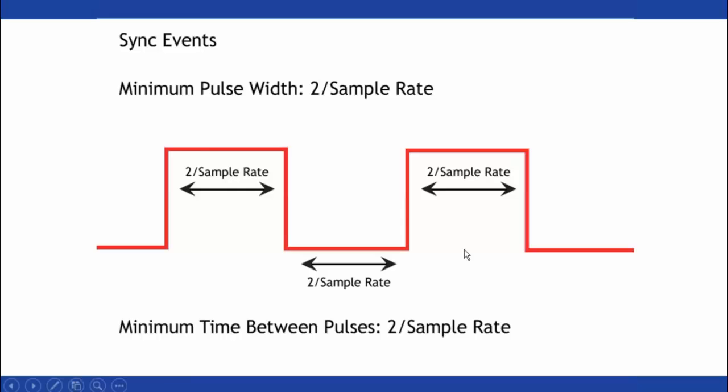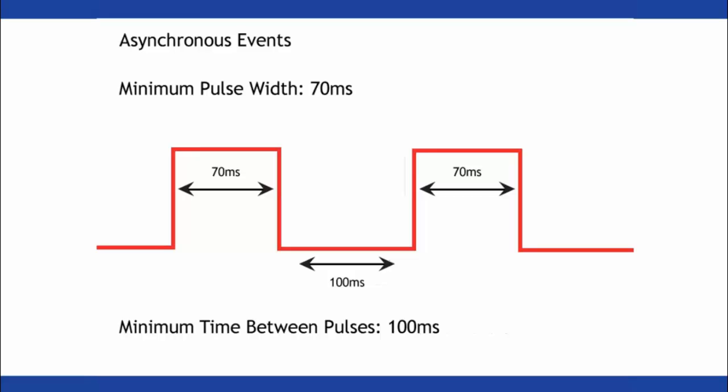Now, because of the difference between these two ports and their capabilities, there are different restrictions on how quickly you can send events to them, and BioLab will still be able to identify them. With a synchronous digital event port, your limitation is your sample rate. So as long as your pulses consist of 2 samples, then BioLab will be able to detect those pulses and log those events.